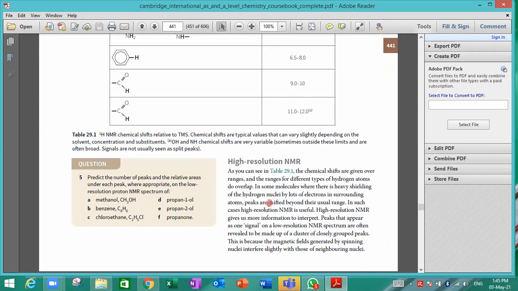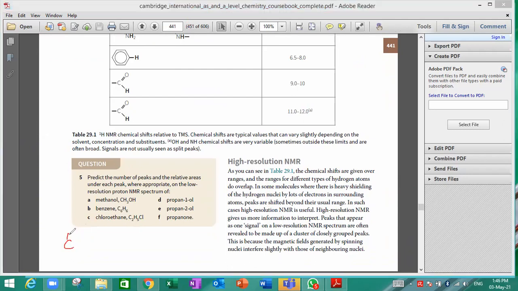High resolution says that if I have, for example, like we had here, CH3 bonded to a CH2 bonded to an OH, we said that this is an environment, these two are a second environment, they are similar, and these three are a third environment. All of them are equivalent. Okay, so here we have three different environments.